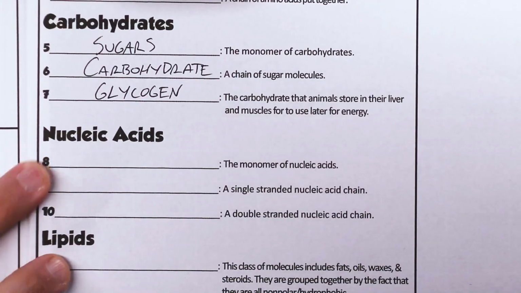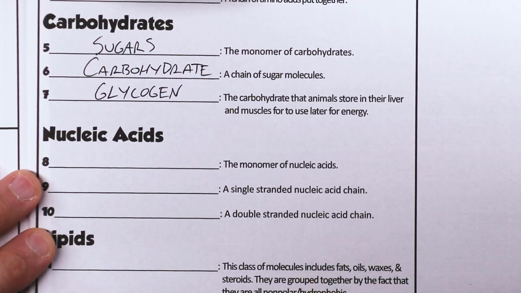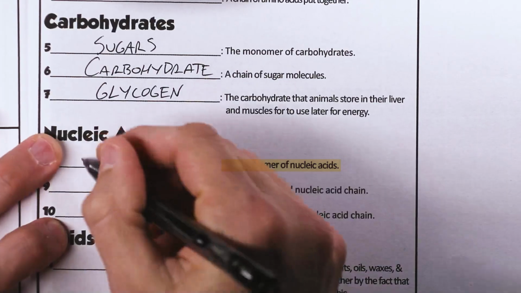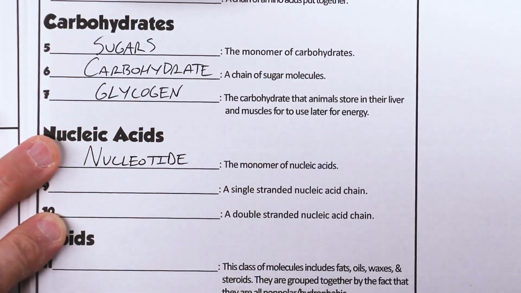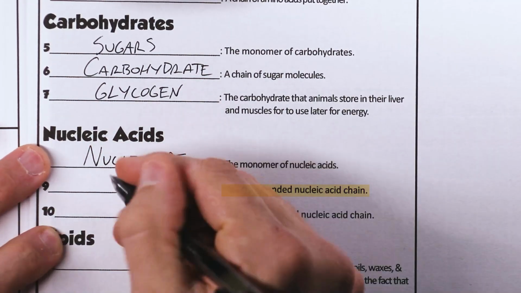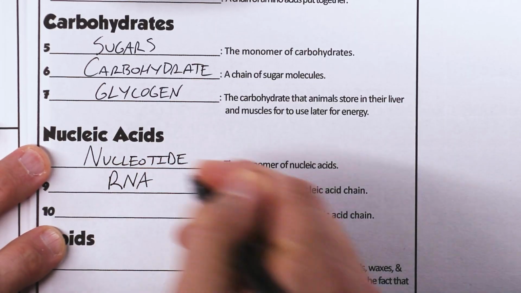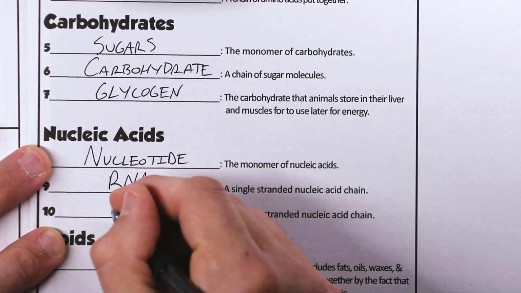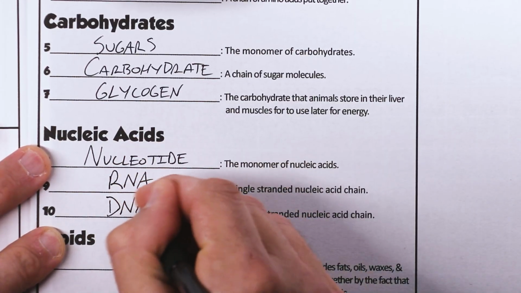So the nucleic acids, different kinds of what I would call DNA. The monomers are called nucleotides, and a single strand of it is called RNA, and a double strand of it is called DNA.